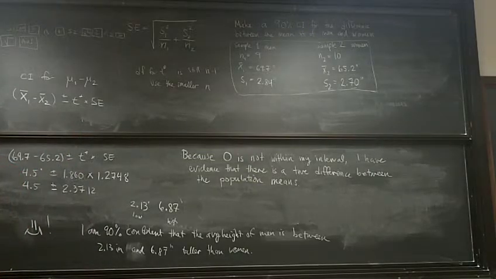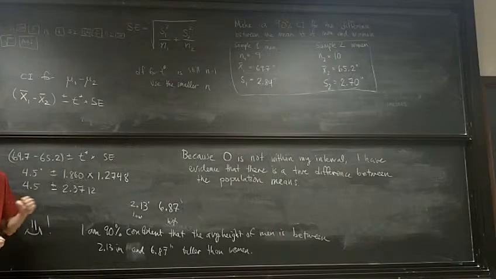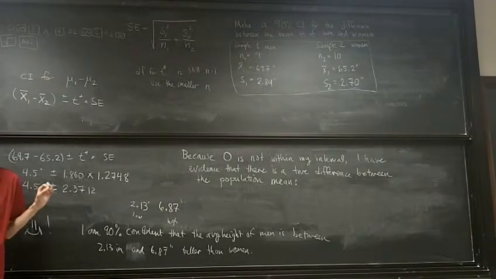So 0 is not within the interval, so we have evidence that there is a true difference between the population means. If 0 were in the interval, then we would not have evidence of a difference.